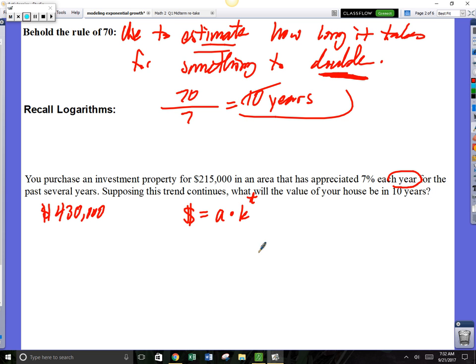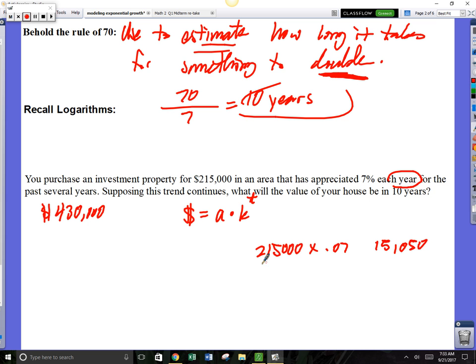So here's what we're going to do. You're going to take 215 grand and you are going to times it by 7%. So you're going to times by 0.07. So if you do 215 grand times 0.07, that means the interest is going to be 15 grand 50.